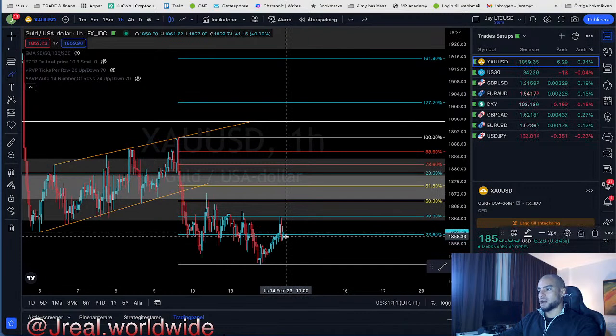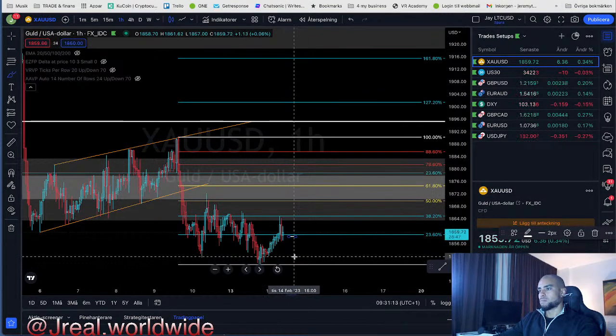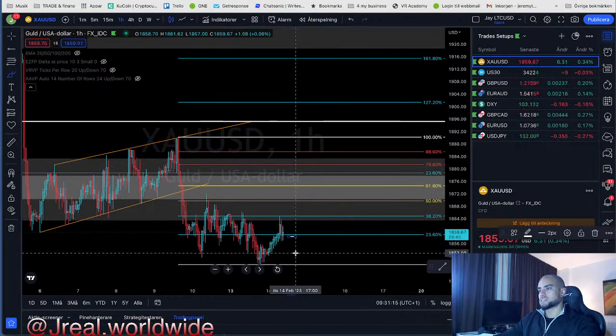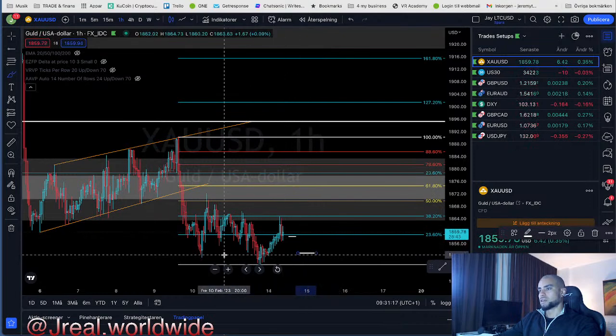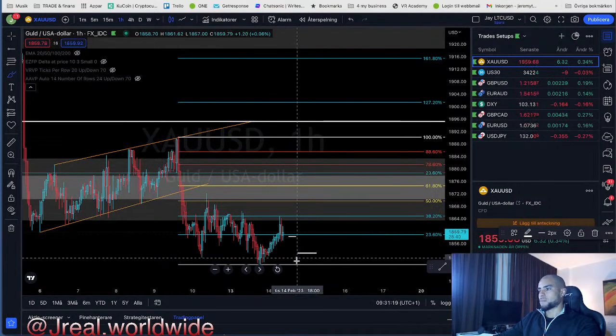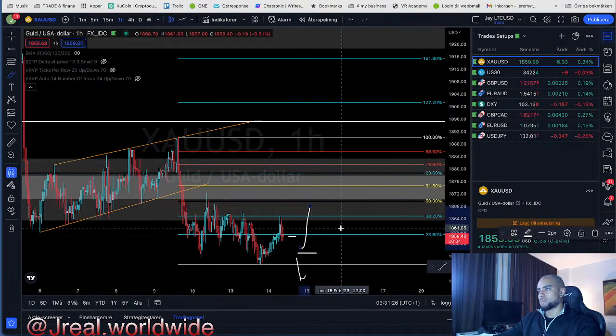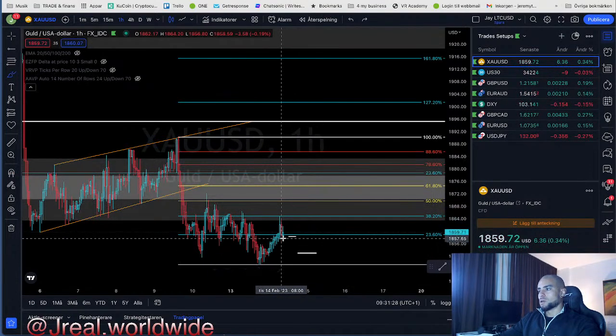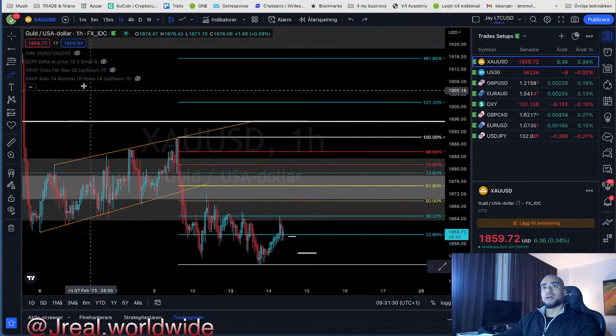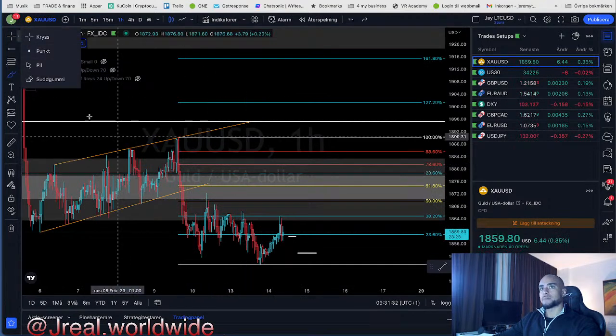It's basically a sell from here to these lows here, because we don't know if the market is going to go underneath and continue down there, or reverse and move up.